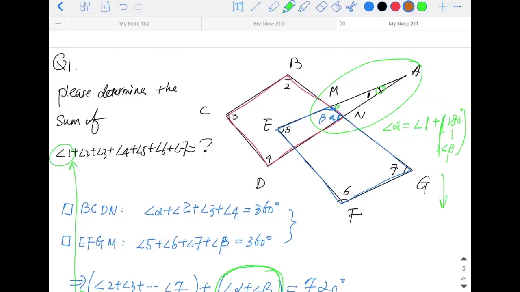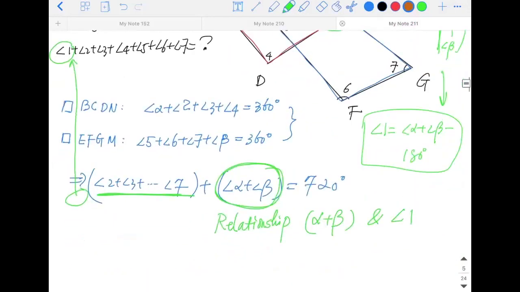So that being said, angle 1 equals angle alpha plus angle beta minus 180 degrees. Is that right? As long as you have this, just plug in the value for angle alpha plus angle beta.